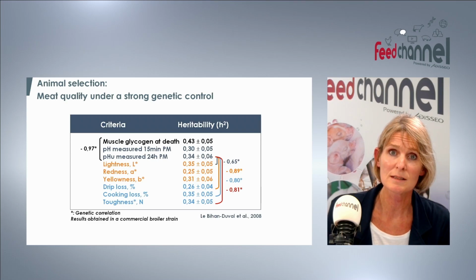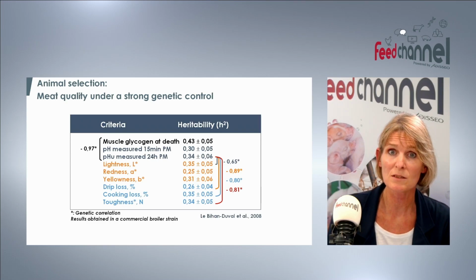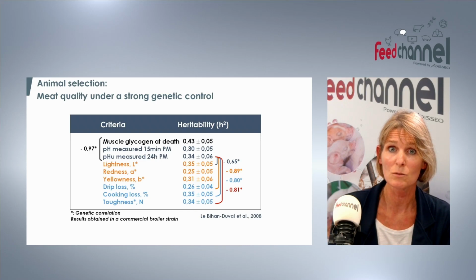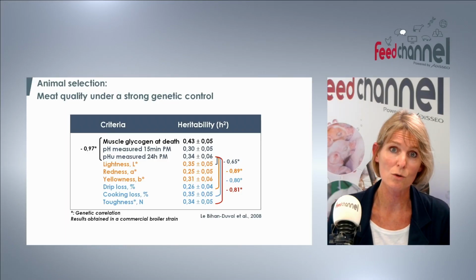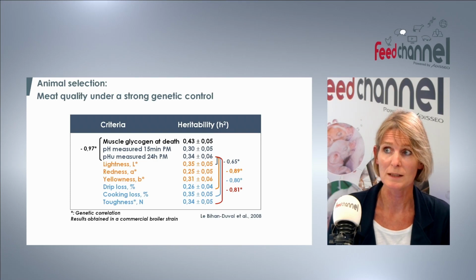So by studying this model, which represents meat with an acid pH and meat with a very high pH, we were able to demonstrate that it is possible this way to reduce the drip loss, to reduce the cooking loss, to improve by 3 points the processing yield, and also to improve the color of the meat.